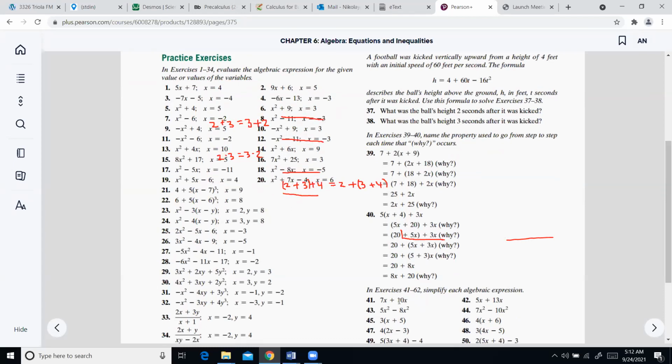Let me clear this a little bit so you can make a print screen if you feel like it, and get the exercises done, such as the first group of problems that says evaluate expression.